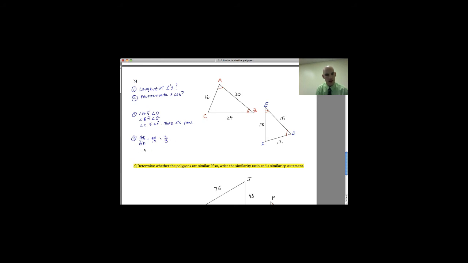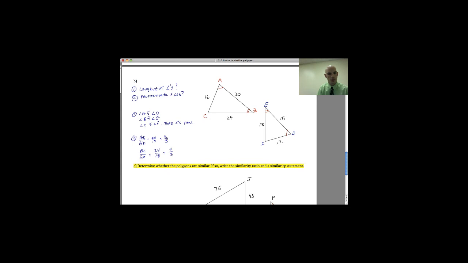Then we're going to test another one, so we'll go BC over EF, which is going to be equal to 24/18, which gives us 4/3.